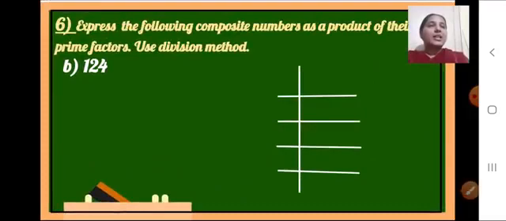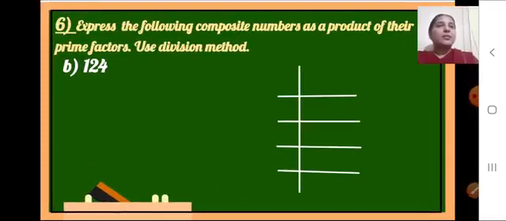Now question number 6 is, express the following composite numbers as a product of their prime factors. Use division method. So question number B is 124. 124 is a composite number, children, isn't it?